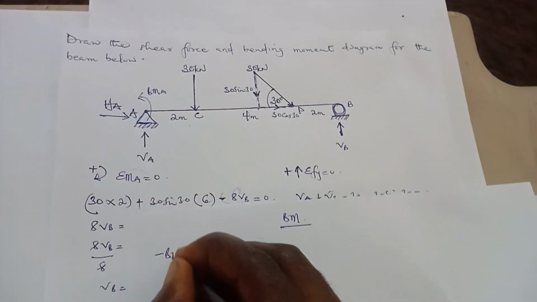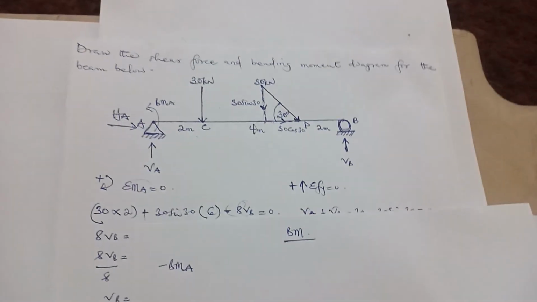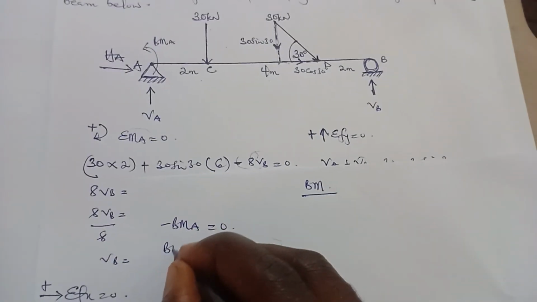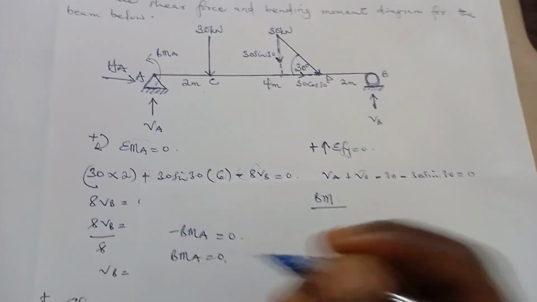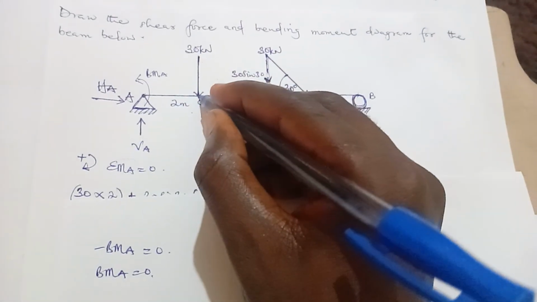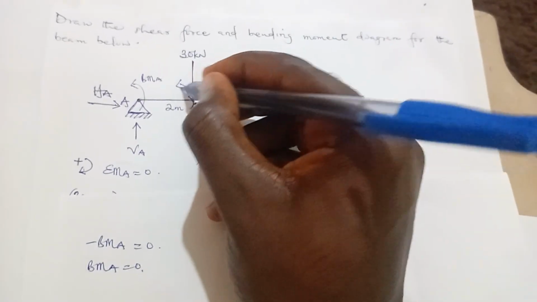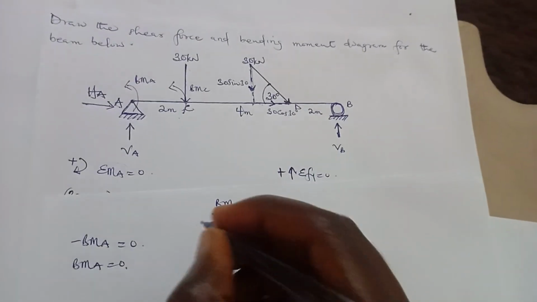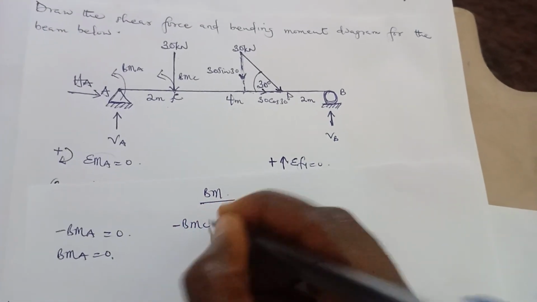The negative BMA is anti-clockwise. It is equal to 0. So that means my BMA is equal to 0. In bending moment at C, let's take my left. It's going to be BMC. So anti-clockwise, so negative BMC.